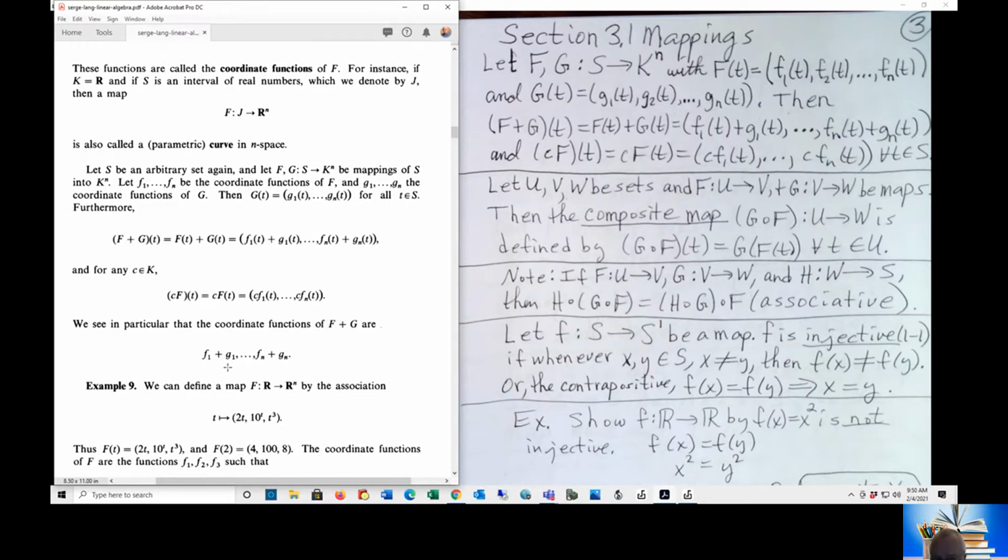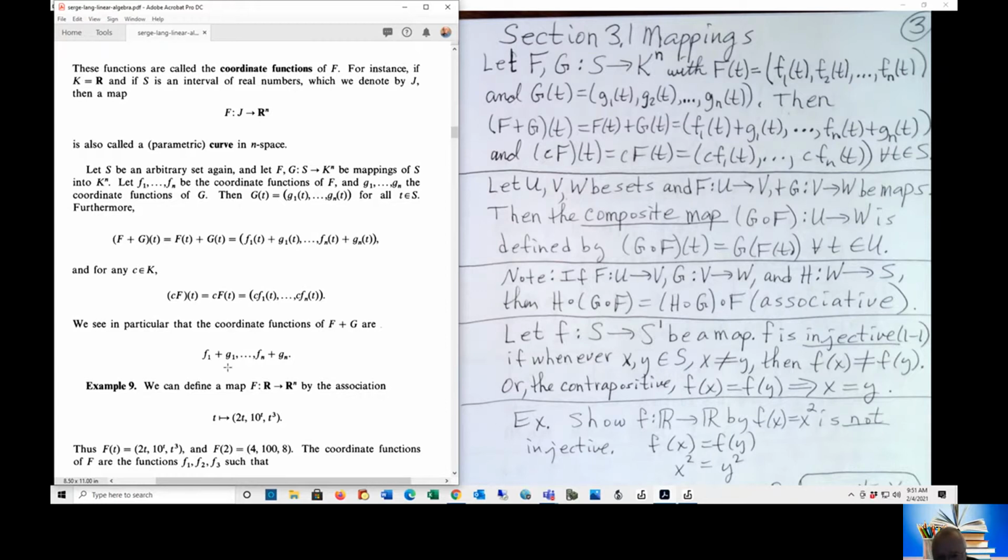Then, adding functions defined by coordinate functions and multiplying such a function by a scalar are defined in the usual way. f of t plus g of t is coordinate-wise, f1 of t plus g1 of t, through fn of t plus g sub n of t, and similarly for scalar multiplication. cf of t is c times f of t, or as an ordered n-tuple, cf1 of t through cfn of t for all t in S. So there's no mystery there.